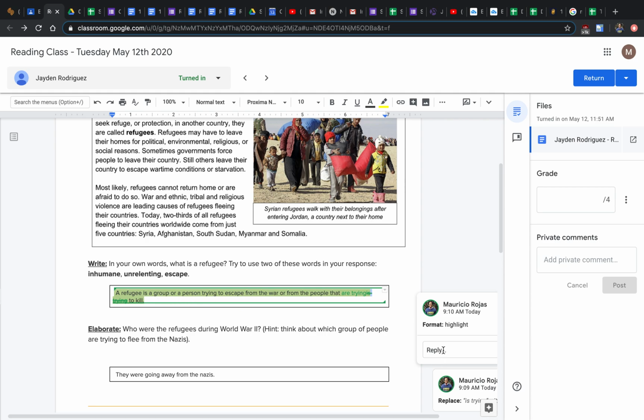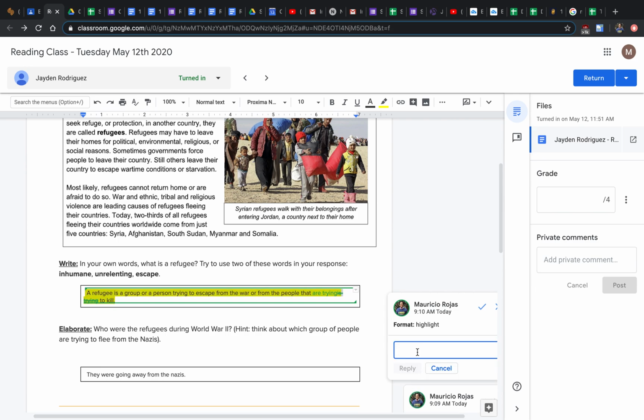So I highlighted it yellow, and I go over here to the right-hand side, and I type in my comments. First, actually, instead of telling him, I'll tell him to go back and read the directions carefully, because I think maybe he didn't read this second part. Because sometimes we'll just read the first part where the question is, and we won't read the whole direction.